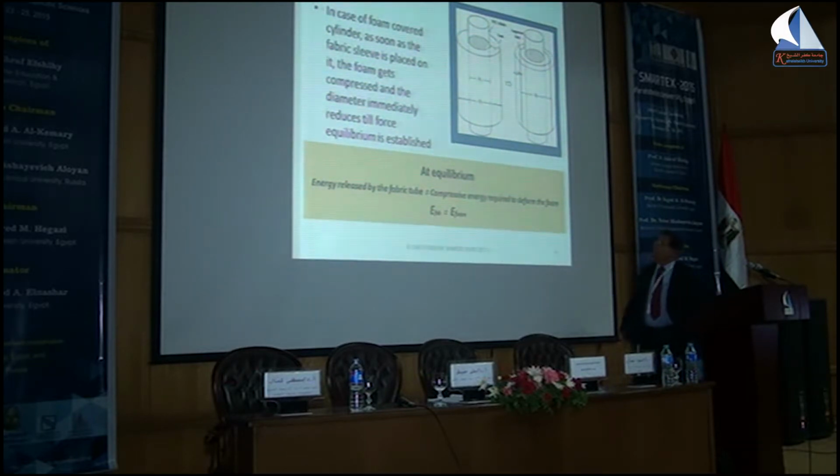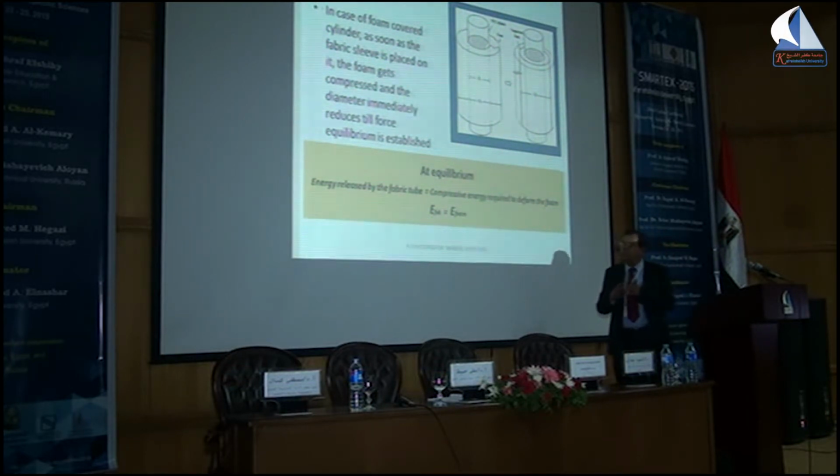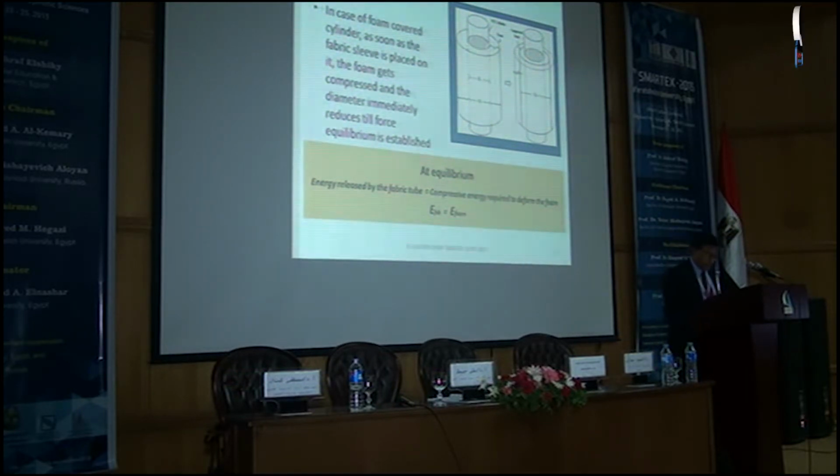So what we feel is that the moment we put the knitted tube or knitted sleeve on the compressible surface, it is going to compress it. Some energy that is being released by the fabric is being used to compress or deform the foam, which is compressible. If we can calculate these two energies and then equate them, we will be able to predict the pressure that it develops.